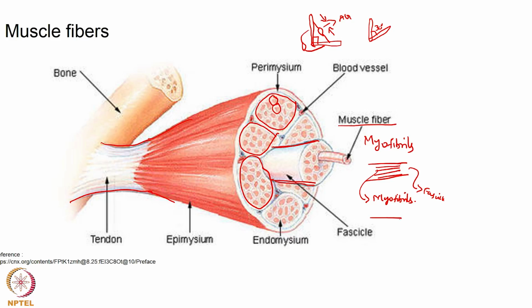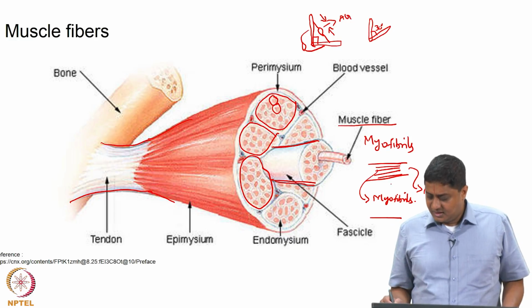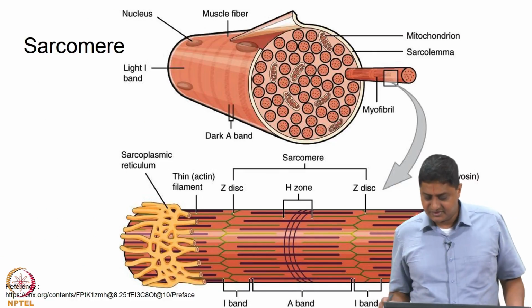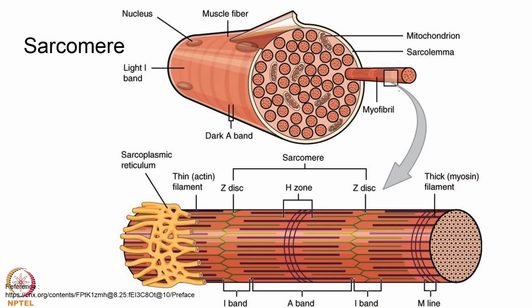Alternating dark and light bands are visible in the myofibrils, as you can see in the next slide. You see that is a myofibril, and when you zoom in to the myofibril, what you are seeing is there are dark bands and then there are light bands, characteristic, typical of skeletal muscles.